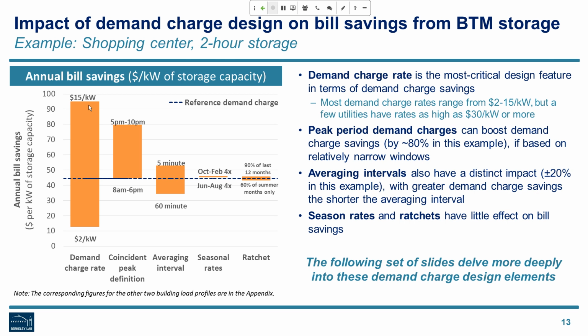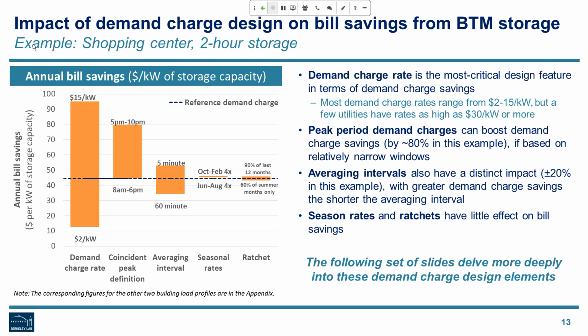Peak period demand charges, where the billing demand level is measured during a specific predefined peak period, can really boost demand charge savings by about 80% in this particular example when those windows are relatively narrow.